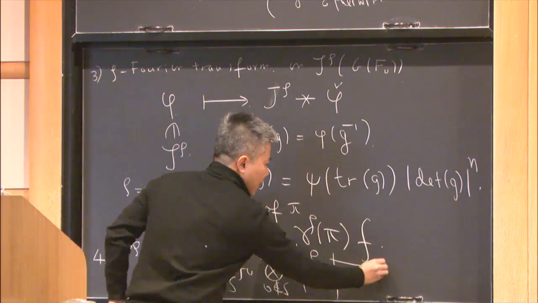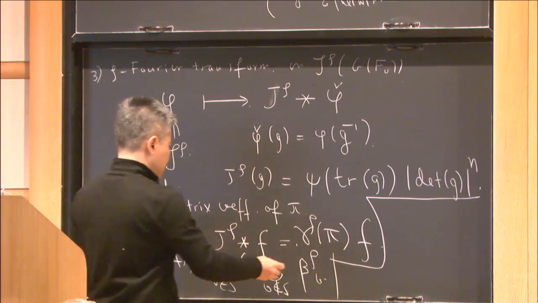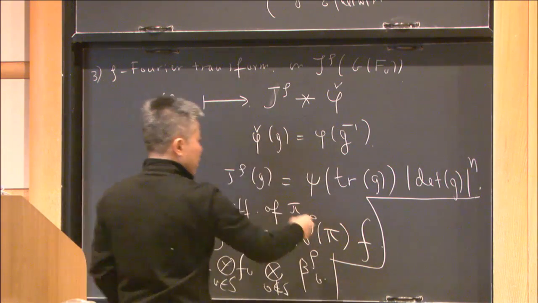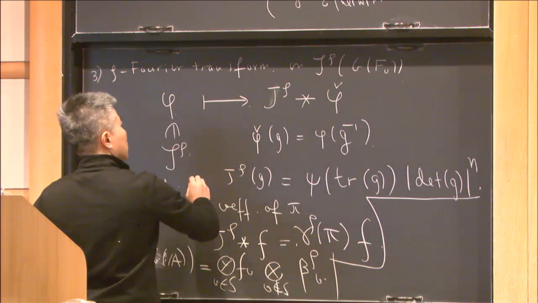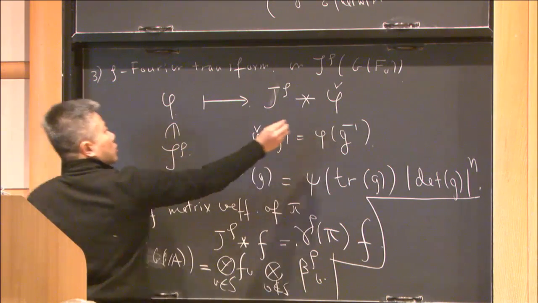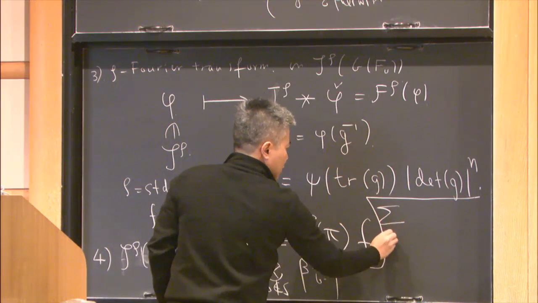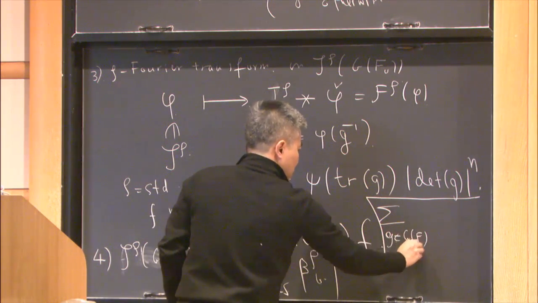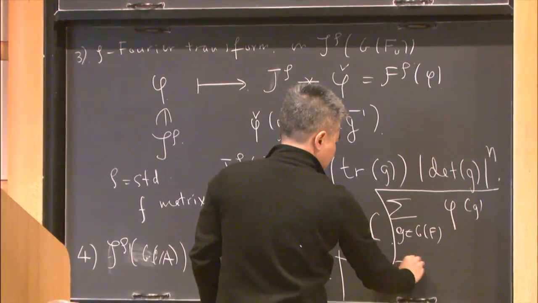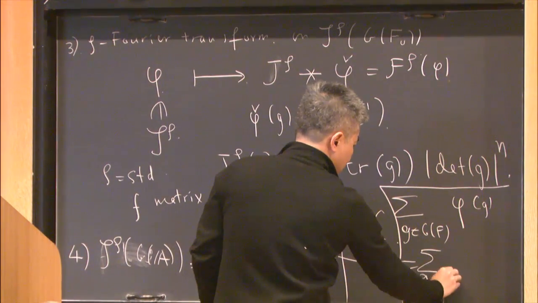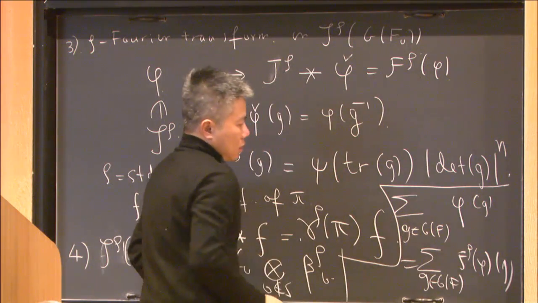So this is important, but I have to put it in the corner because I don't want to erase this blackboard. You have this J, and let me call this the Fourier transform rho of phi. Then you want the sum over gamma in G of F of phi of gamma to be the same as the sum over gamma in G of F of the Fourier transform phi of gamma.